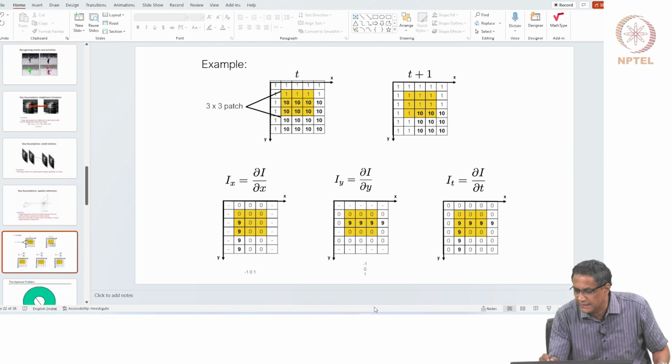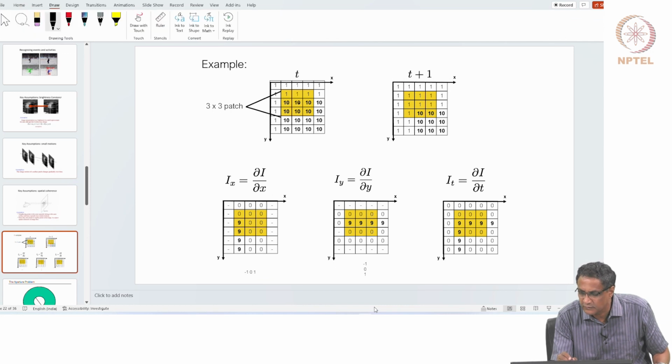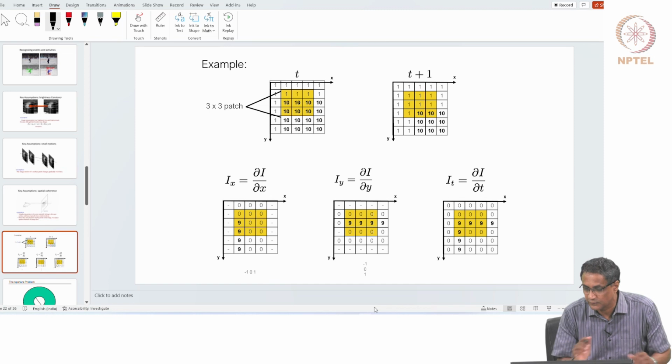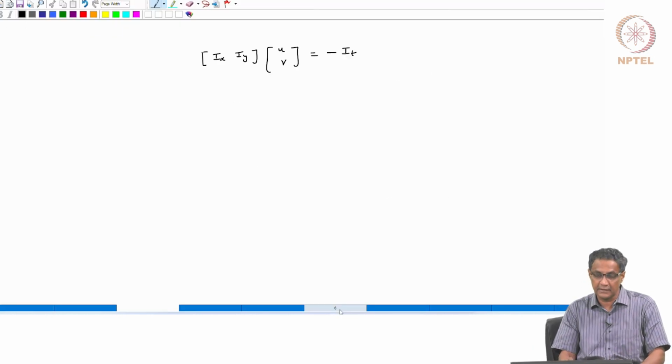But It is going to be delta I by delta t. If you want to find the difference at this location, you just subtract the two, and you get 0 0 0 corresponding to this, and then 10 10 10 minus 1 1 1 gives 9 9 9 and so on. So you have a spatial derivative, and you also have a temporal derivative.